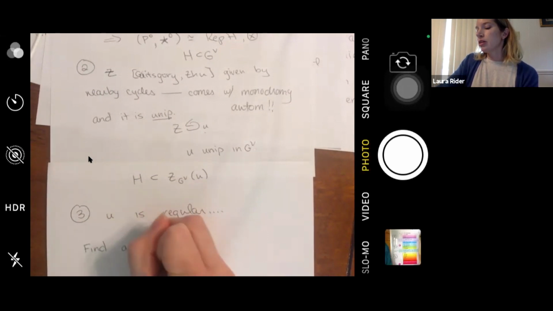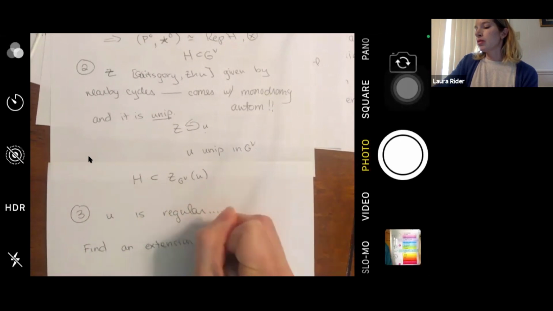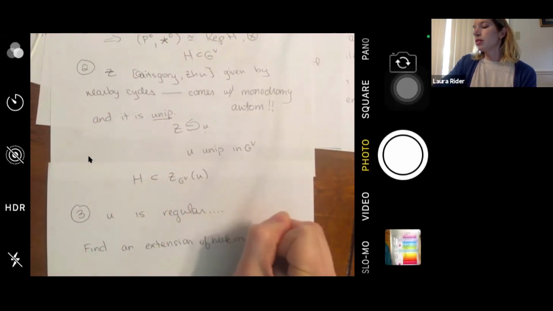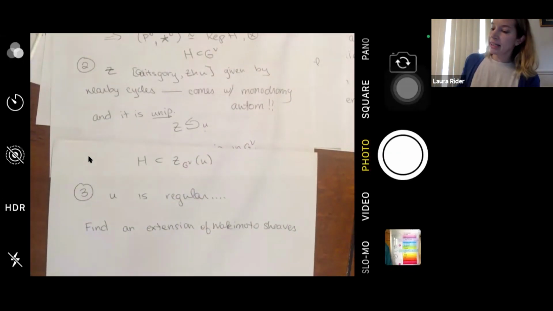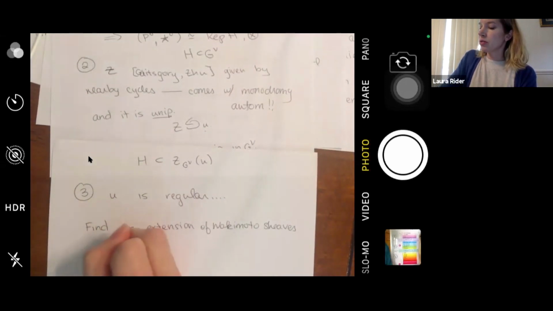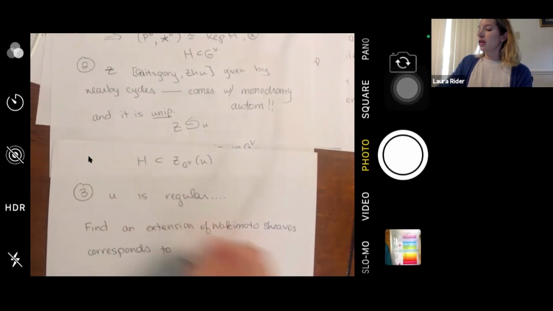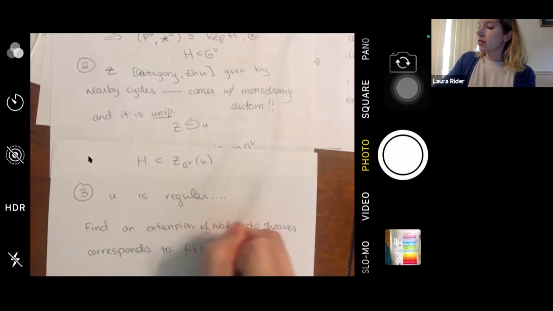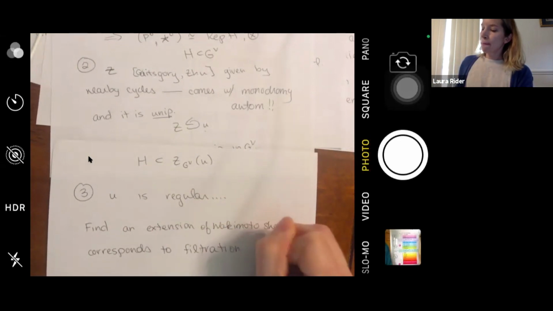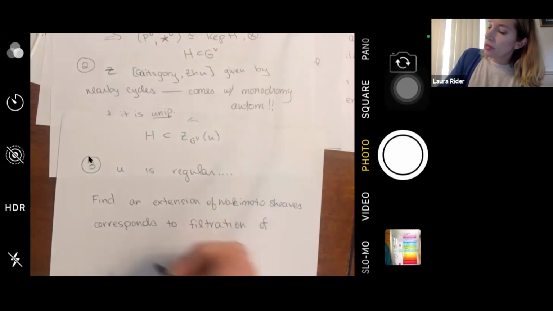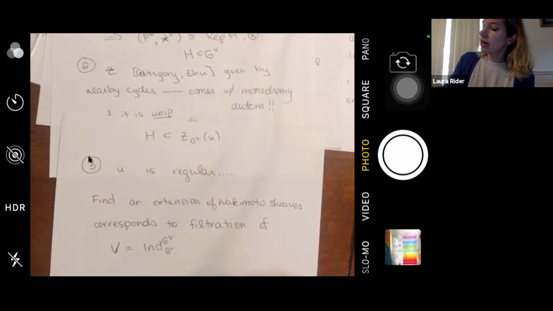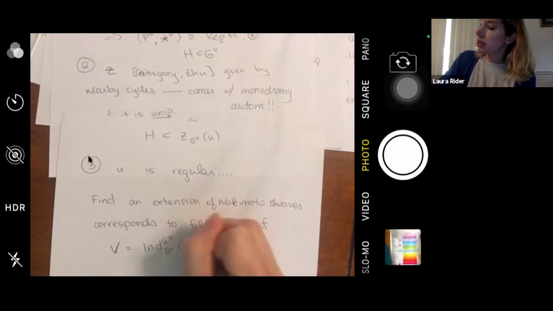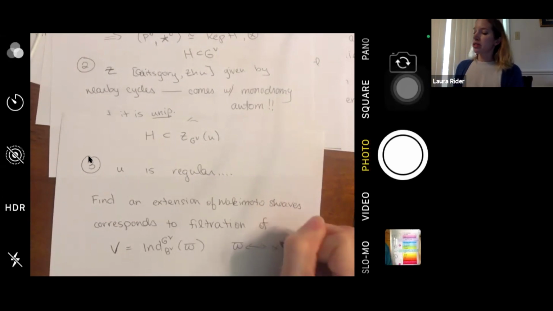You find an extension of Wakimoto sheaves that corresponds to a filtration of, okay, so the representation I want to look at is the induced representation from a fundamental weight, where this fundamental weight corresponds to the simple root I'm looking at.